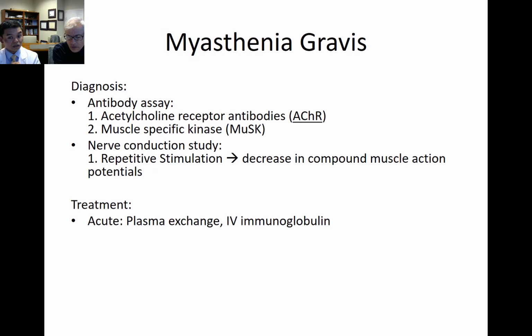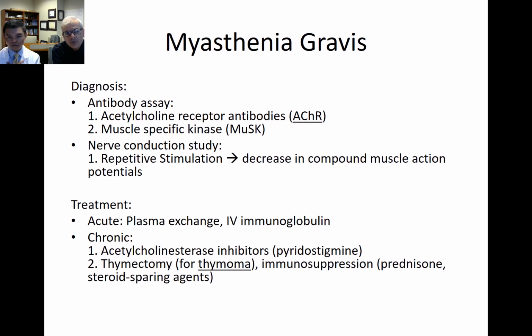The other thing we might do is called IV immunoglobulin, IVIG as we often call it in the hospital. We think what that does is it prevents some of that interaction and leads to the blockade of the acetylcholine receptor antibodies from happening. So it's almost like having an offensive lineman block those defenders so that you can do your thing.